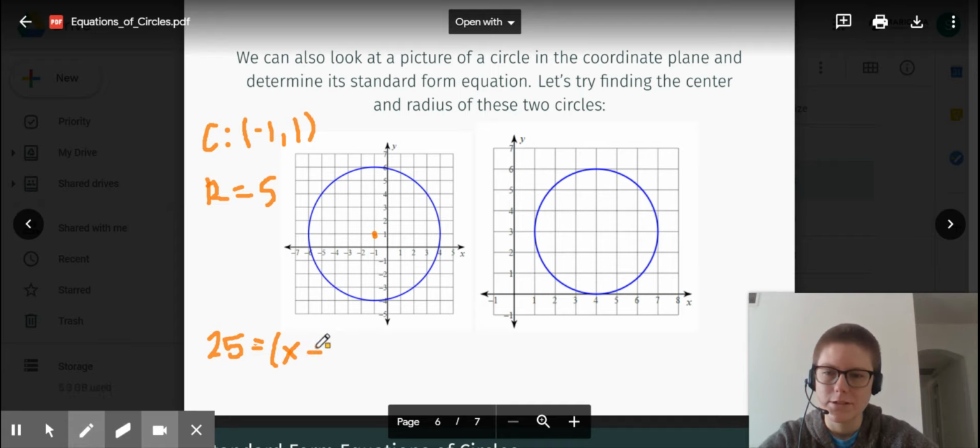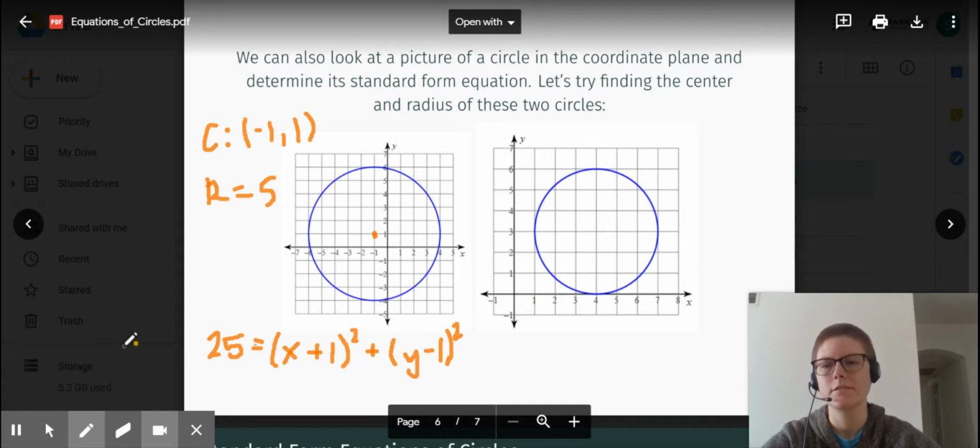Minus -1 turns to +1, plus, and then it'll be y minus 1 squared. All right. And so then we've found the center, we found the radius, we wrote the equation. And that's it. Pretty straightforward. Hopefully this stuff's pretty easy for you.